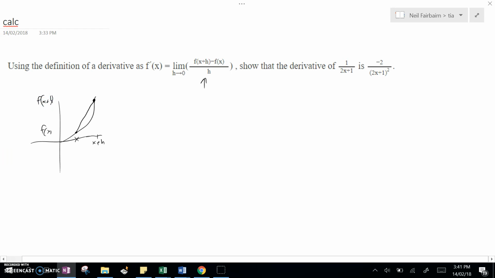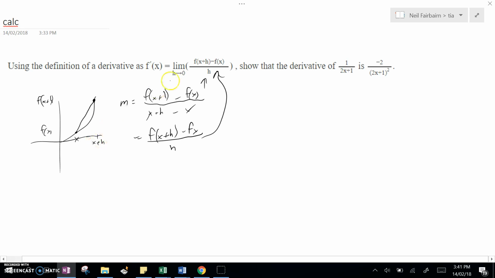So the slope between the two points, rise over run, so m is equal to the rise, f of x plus h minus f of x, all divided by the run, so x plus h minus x. So that's equal to f of x plus h minus f of x divided by h, because the x and x cancel out, which looks similar to this formula that's right up here.